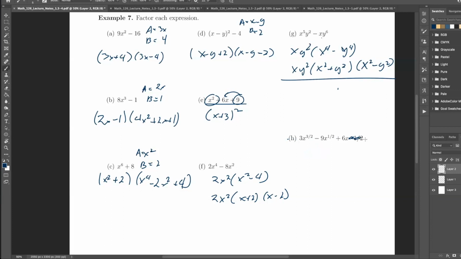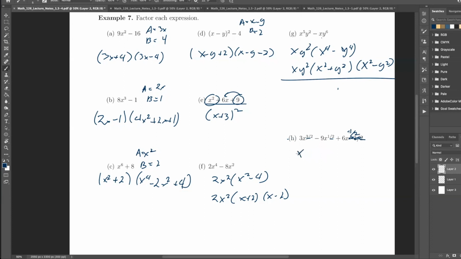Oops, my little factor didn't go. This should be to the minus 1/2 here. It just didn't show up as a caret. Here, if you have something that looks super awful with fractions, go ahead and just take the lowest exponent. And even if it's negative, just divide it out.